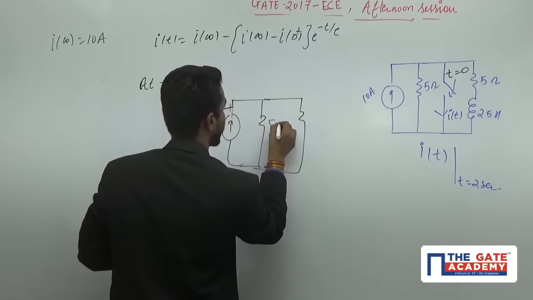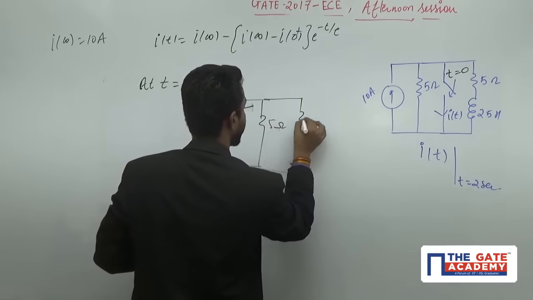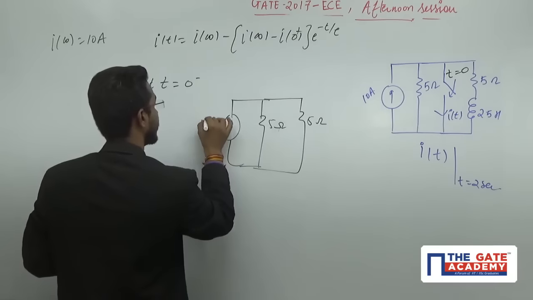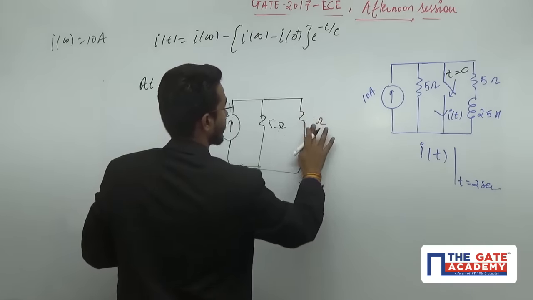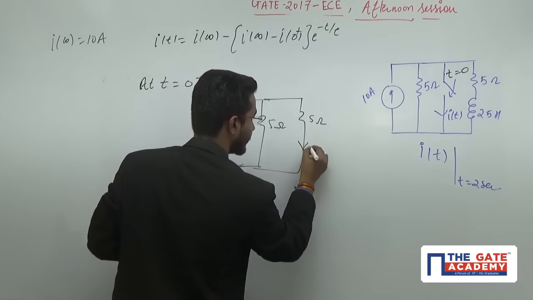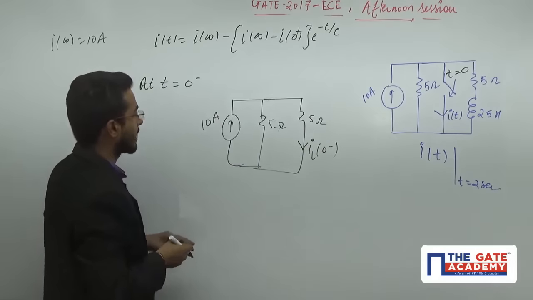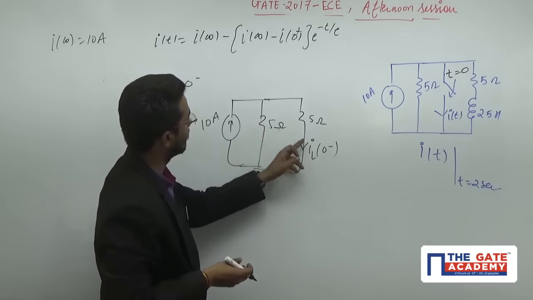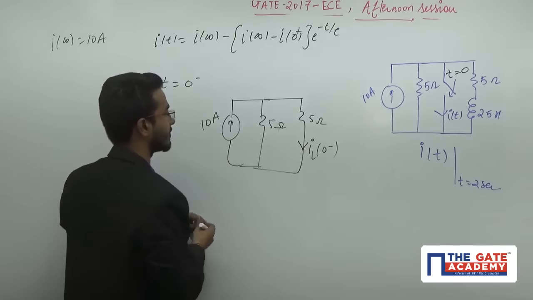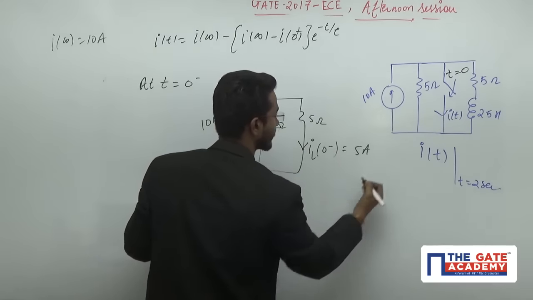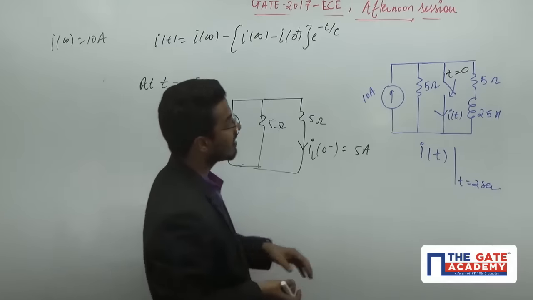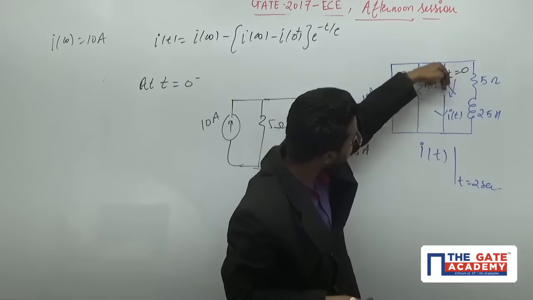That means this is 5 ohm, 5 ohm, this is 10 ampere, and here this is IL at 0 minus, I am calculating. That means the two equal parallel branches with the current source. That means here the current will be 5 ampere. But I am not asking the current of this, I am asking the current of this.